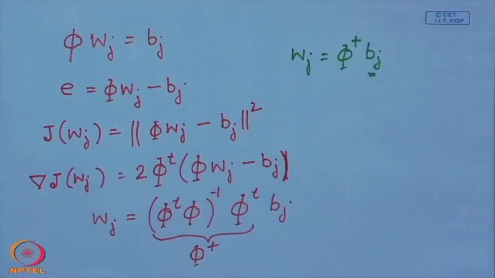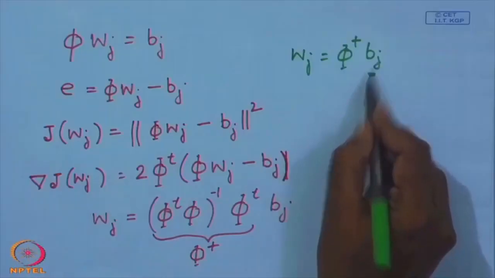Every component of b j will be either 1 or 0. It will be equal to 1 if the corresponding input feature vector belongs to class omega j, and equal to 0 if the corresponding input feature vector does not belong to class omega j. So, I have this vector b j.